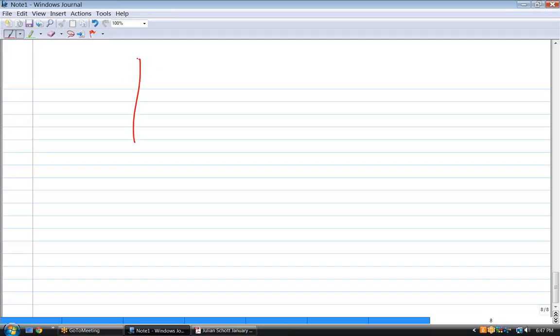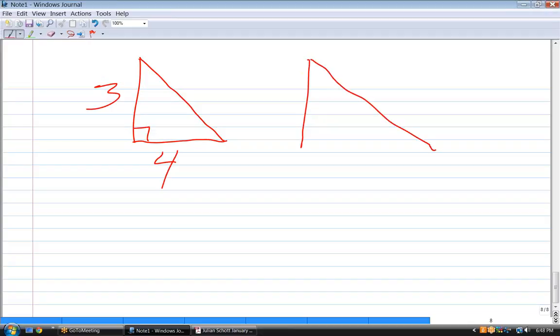And there are really only 2 situations. Either they give you the 2 short sides and ask you to solve for the long side, or they give you the long side and one of the short sides. Those are the only 2 situations.